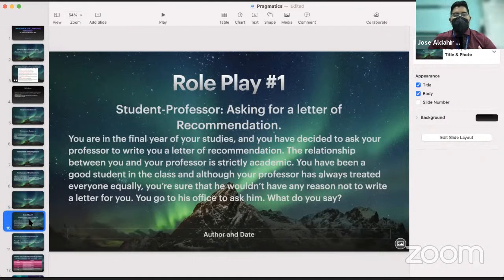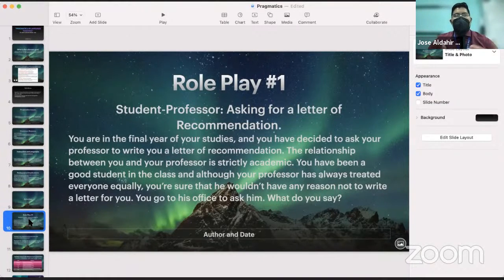We have to let them create awareness, telling them that we are talking to a professor, that the relationship might be academic and not personal, right? A professor is not the same as our friends, right? So we create the scenario and then we ask them, what do you say in order to ask a professor for a letter of recommendation, for example.